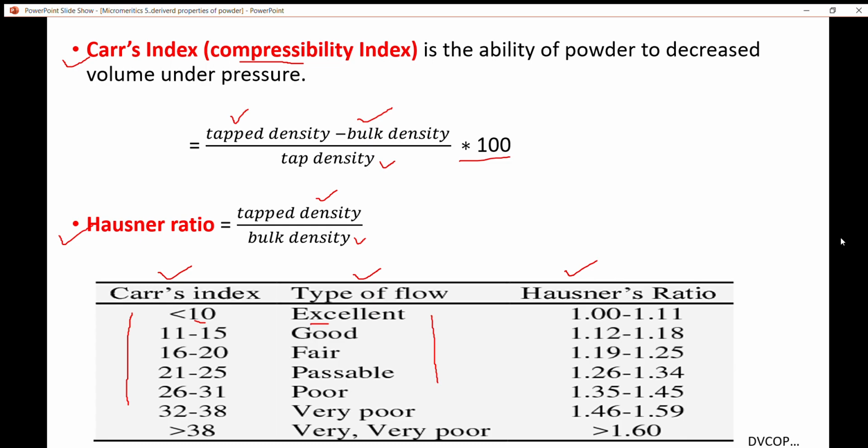But as we increase the Carr index, the flow property decreases. Similarly with the Hausner ratio, for an excellent flow property the Hausner ratio should be 1 to 1.11, and if the Hausner ratio goes on increasing, then the flowability of that powder decreases.